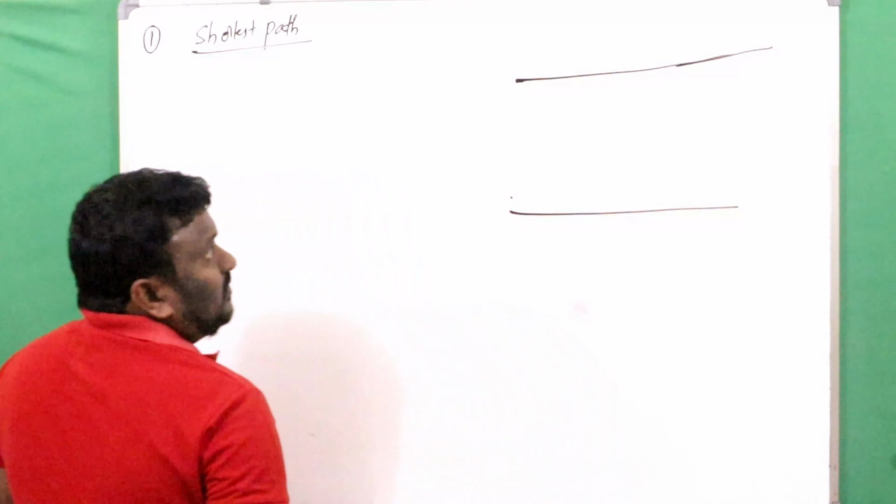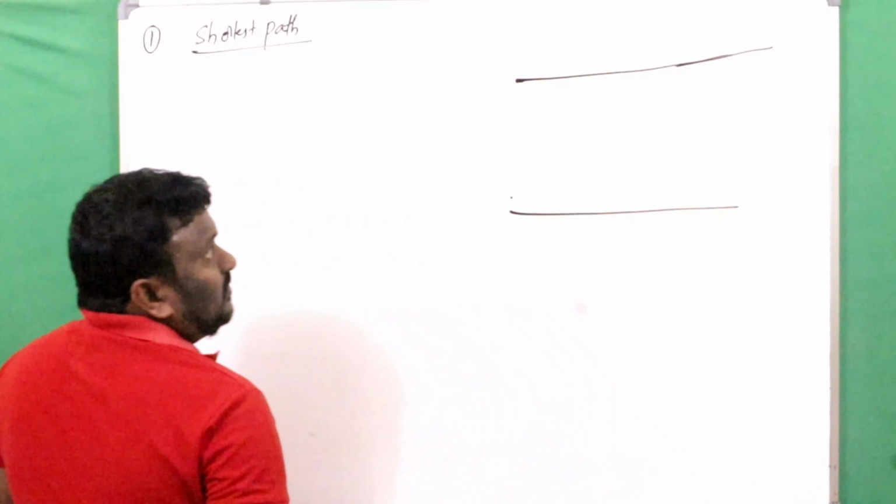From point A to point B, the boat wants to move. Then obviously AB is the shortest path, nothing but the width of the river. The width of the river is the shortest path to move the boat from A to B.